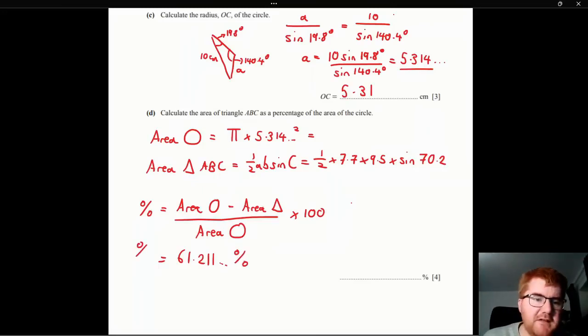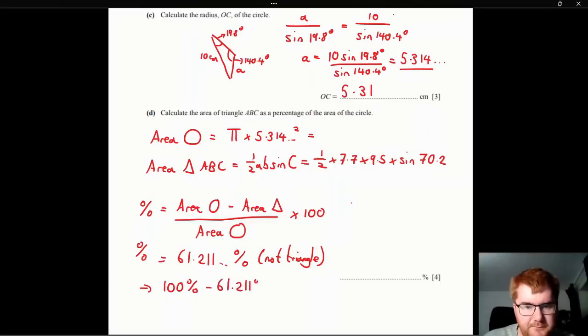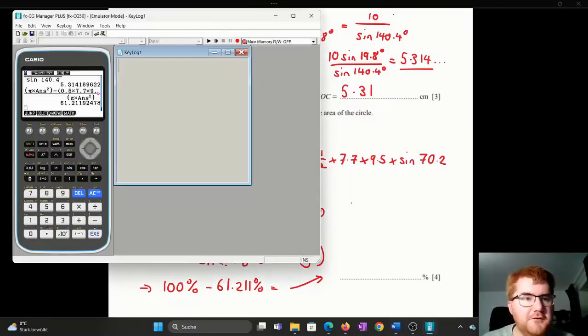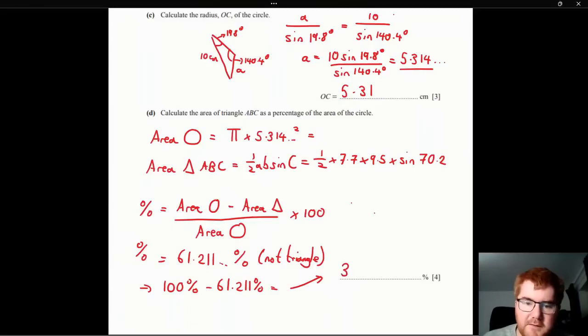So this works out the percentage that's not the triangle. So to work out the percentage that is the triangle, we just do 100% minus our answer, and that will give us the percentage of the triangle, so just 100 minus answer, 38.8%.